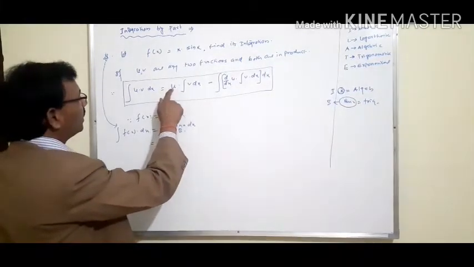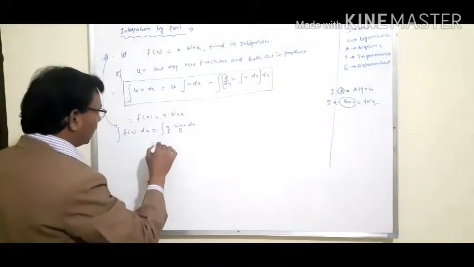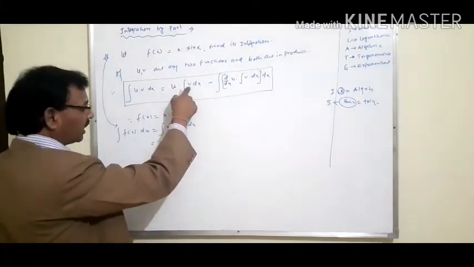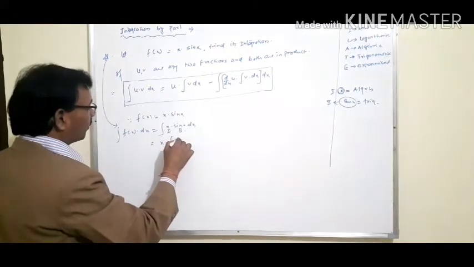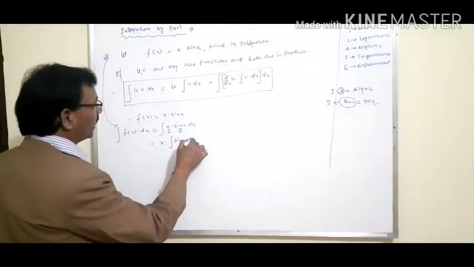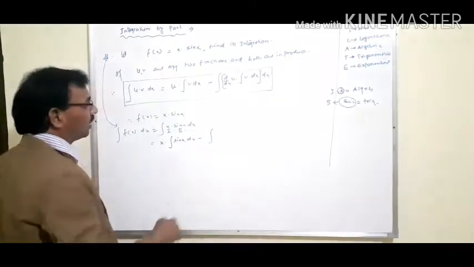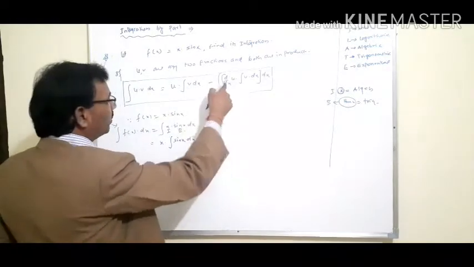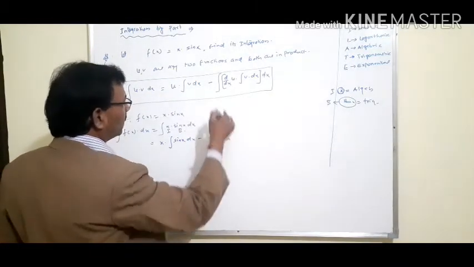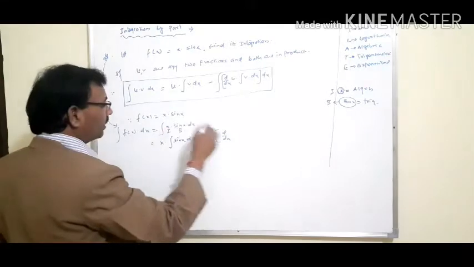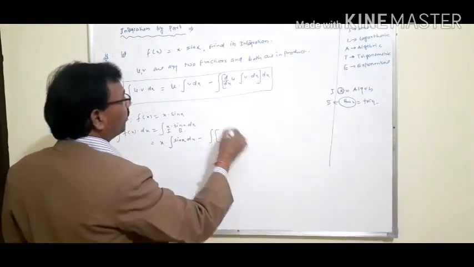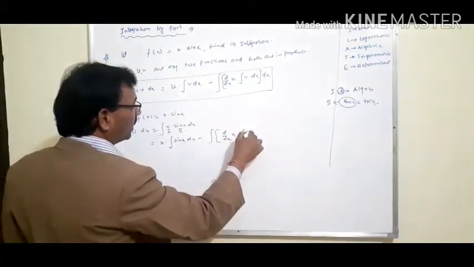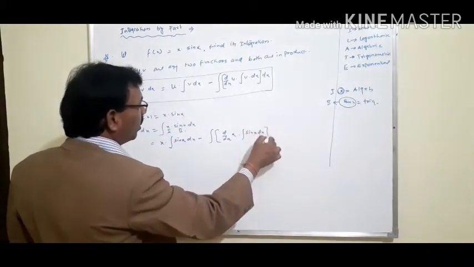So the first function is x, so write x into the integration of the second function, that means the integration of sine of x dx, minus the whole integration of d by dx of the first function, that is d by dx of x, into the integration of the second function, the integration of sin x dx, whole dx.